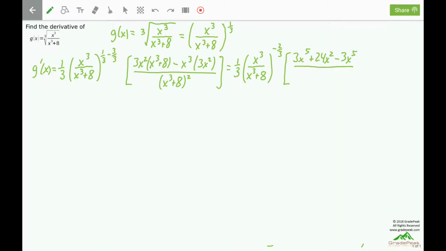And then all of that is over that denominator of x cubed plus 8 quantity squared. Now in the square brackets I can combine like terms in the numerator. Actually this 3x to the fifth and this negative 3x to the fifth, those will cancel, and there's what I have left over.